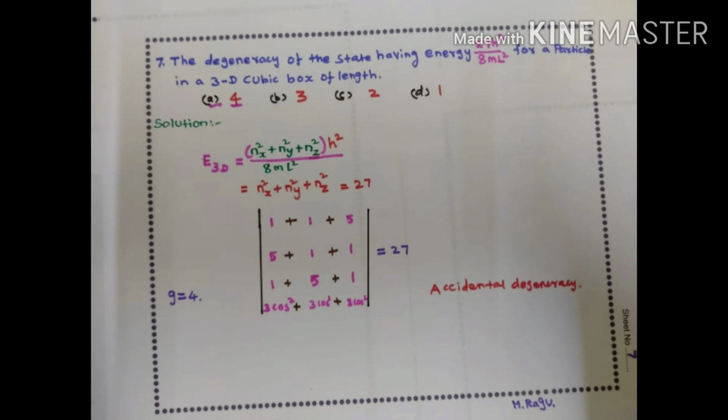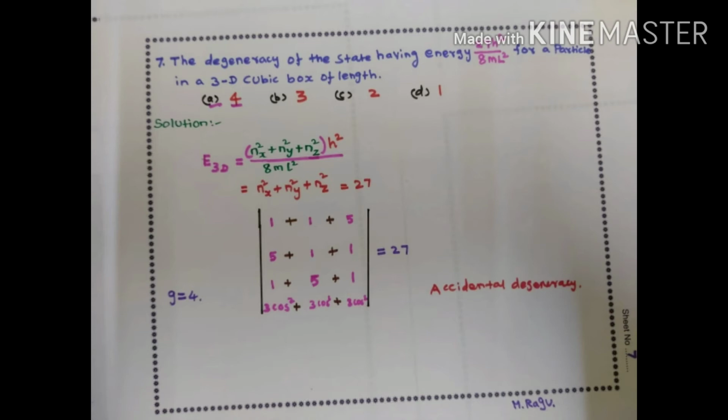So nx square plus ny square plus nz square is equal to 27. First, take the combinations of x, y and z. 1 plus 1 plus 25, then 3 squared plus 3 squared plus 3 squared is equal to 27, and 5 squared plus 1 plus 1, 1 plus 5 squared plus 1, and so on. This gives 4 arrangements.